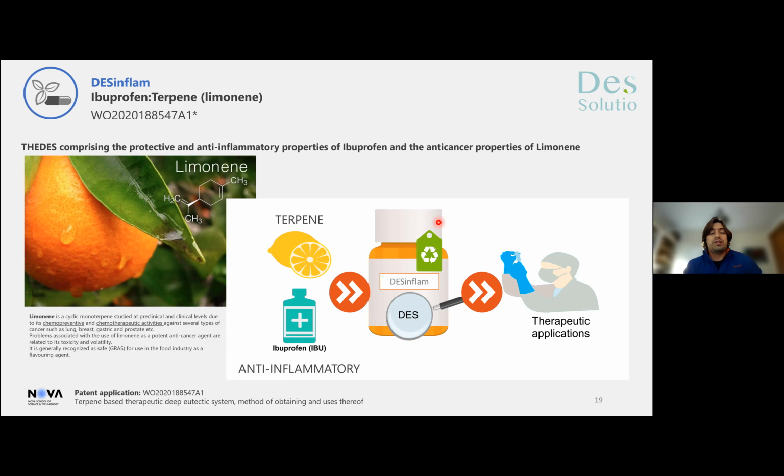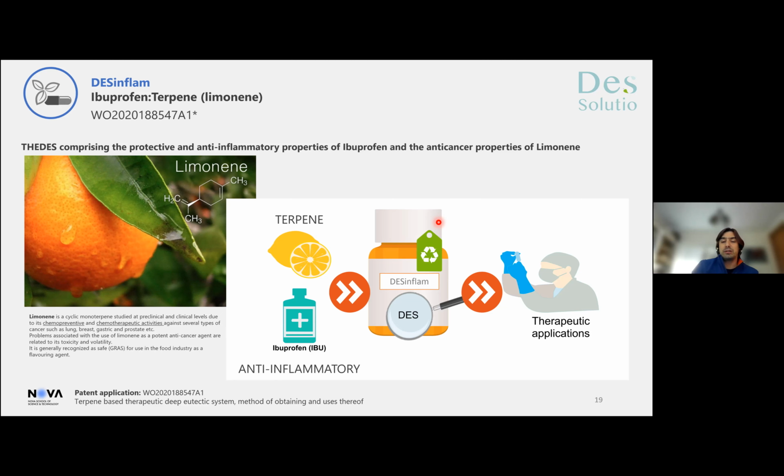And we started working on a lot of applications, but one that gave us a lot of attention, when we realized that there was a lot of potential for these systems, was cancer treatment. In this case, terpenes are known as anti-cancer agents that kill cancer cells.